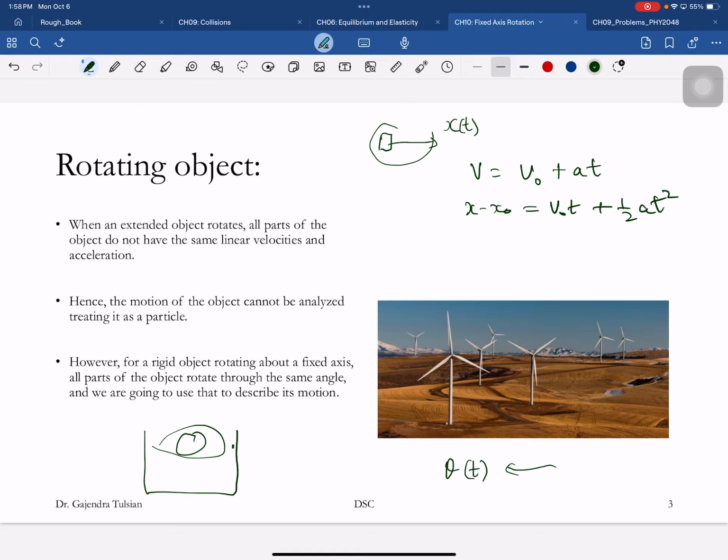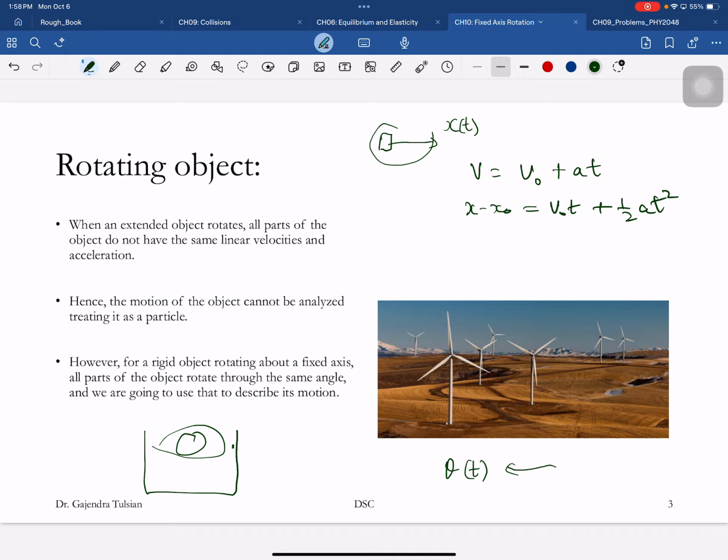Now I'm recording this, but I can show this to you with this bicycle wheel. In the first 9 chapters, what we did was we studied translational motion. Every point on the wheel moved with the same velocity, same displacement and all. So you could treat this as a point object.